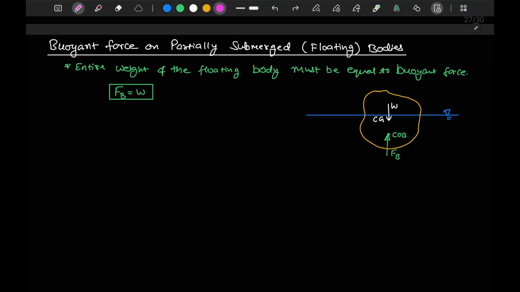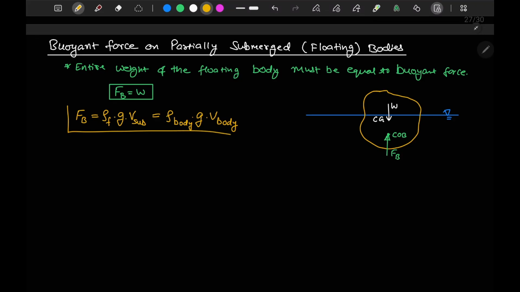Okay, so from here what we can write is that buoyant force is equal to rho of fluid times g times volume of fluid displaced, or volume of submerged body, and this will also be equal to density of body times g times volume of body, that is weight.